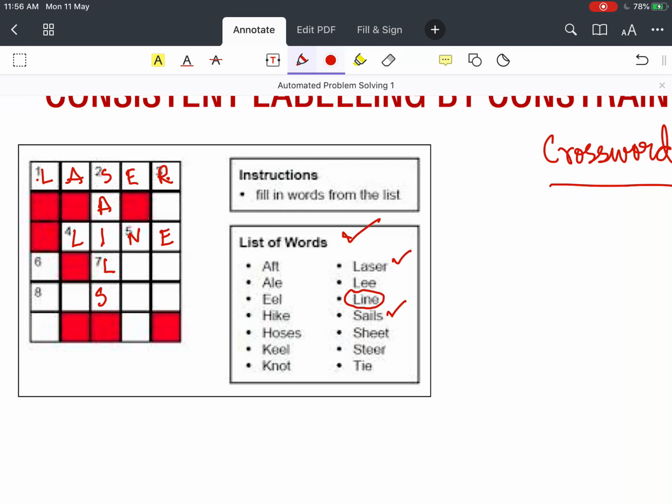Also it means that 7 across is a 3-letter word and has to start with L, which I could choose as Lee. Now, 3 down must start with R and must match here and here. And if you notice, there is no 5-letter word starting with R that fits, which means that this configuration cannot be solved.